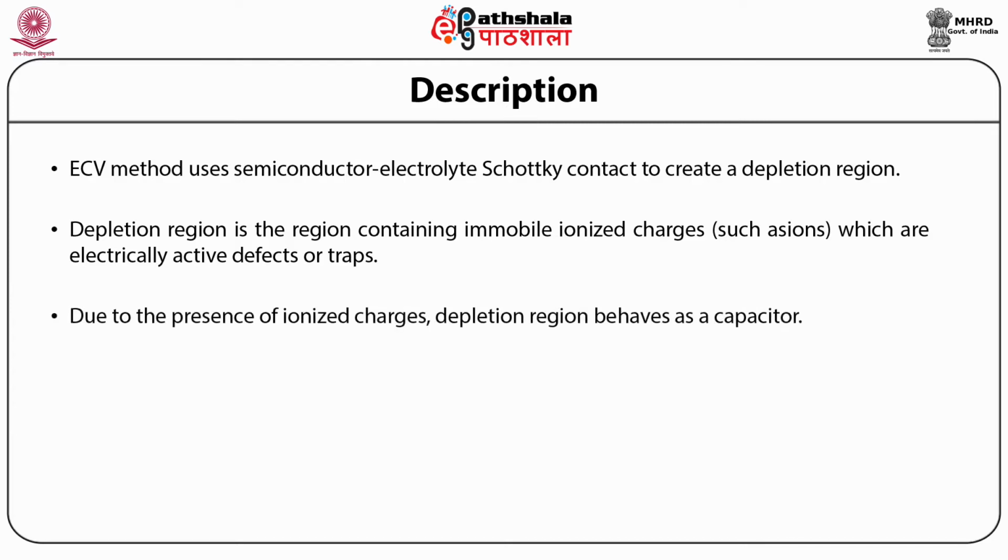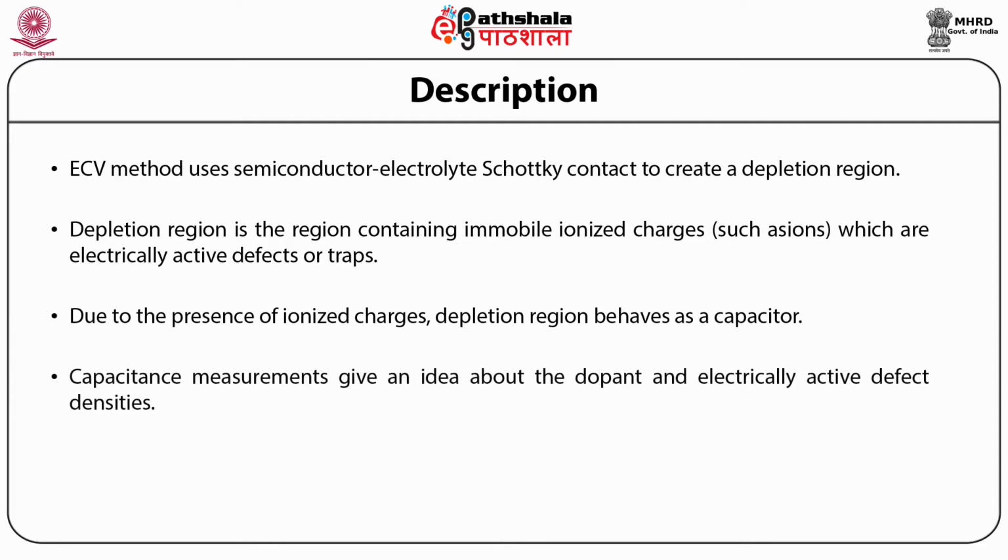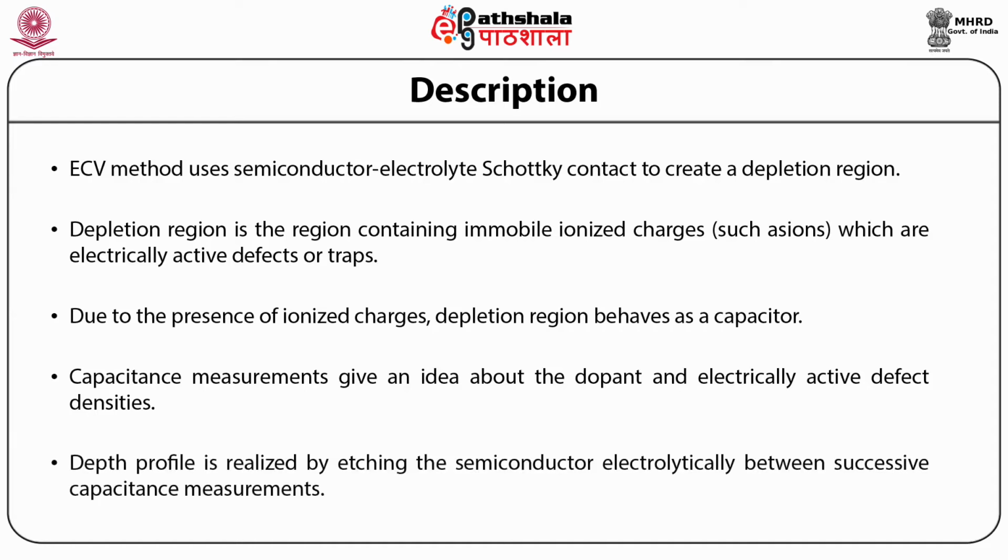Due to the presence of ionized charge, the depletion region behaves as a capacitor. Capacitance measurements give an idea about the dopant and electrically active defect densities. Depth profiling is realized by etching the semiconductor electrolytically between the successive capacitance measurements.